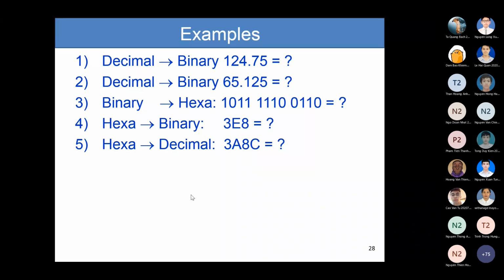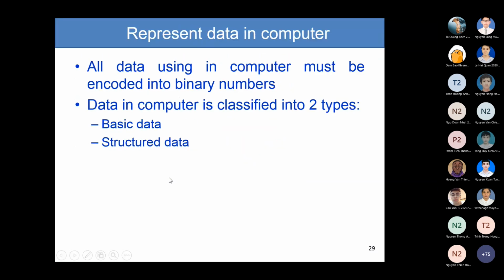Okay, so we move to the next topic. We study the numeral systems. In computer science, there are 4 popular systems: the decimal system, binary system, octal system, and hexadecimal system. We use the decimal system because it is popular and used every day in your life.